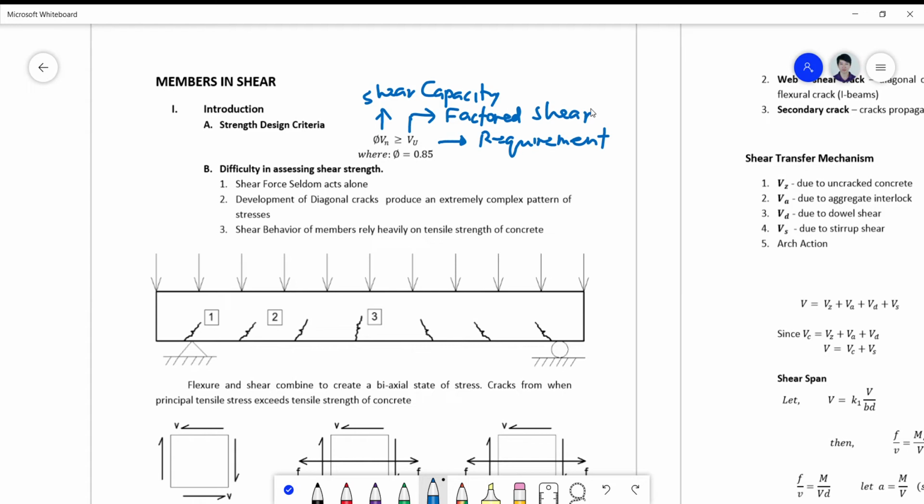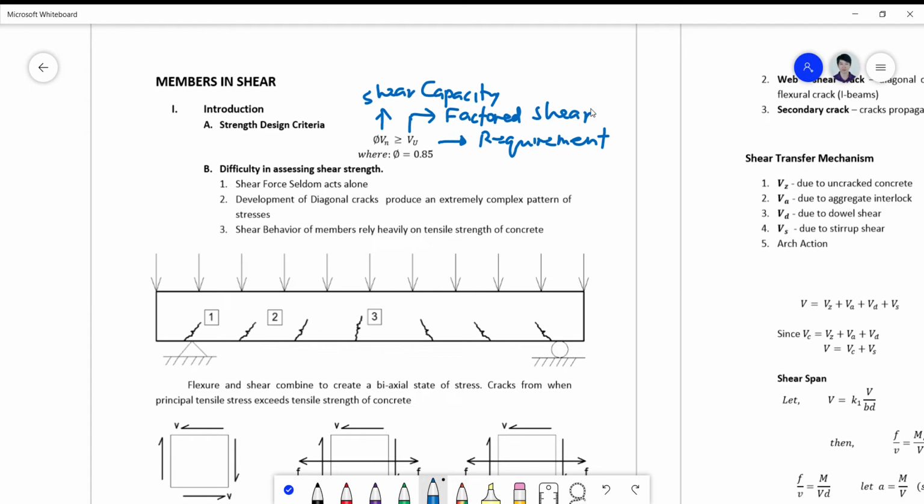There is difficulty in assessing shear strength, and these are the reasons why the shear behavior is really very hard to predict.